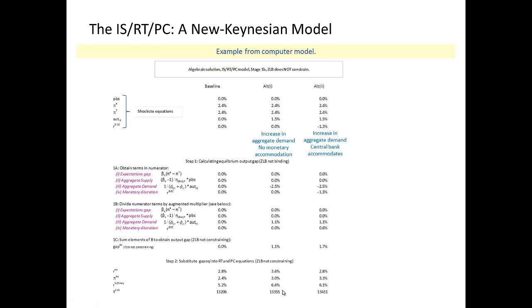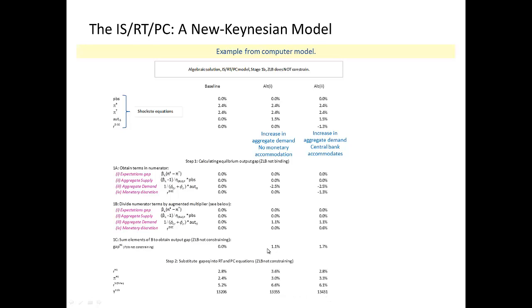Okay? So finally, how do we get a dollar figure for output? Remember that this is potential output. This is the baseline scenario, natural rate of interest, and potential output. We take the potential output times 1 plus the output gap to get our dollar figures for output in alternative 1 and alternative 2.